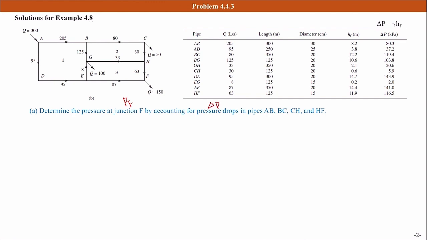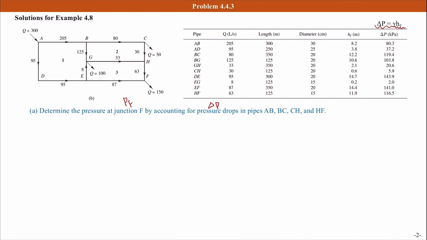We need to transfer the friction loss into the pressure drops first. We can do this by using the equation here. The pressure drop equals the specific weight of water times its corresponding friction loss.